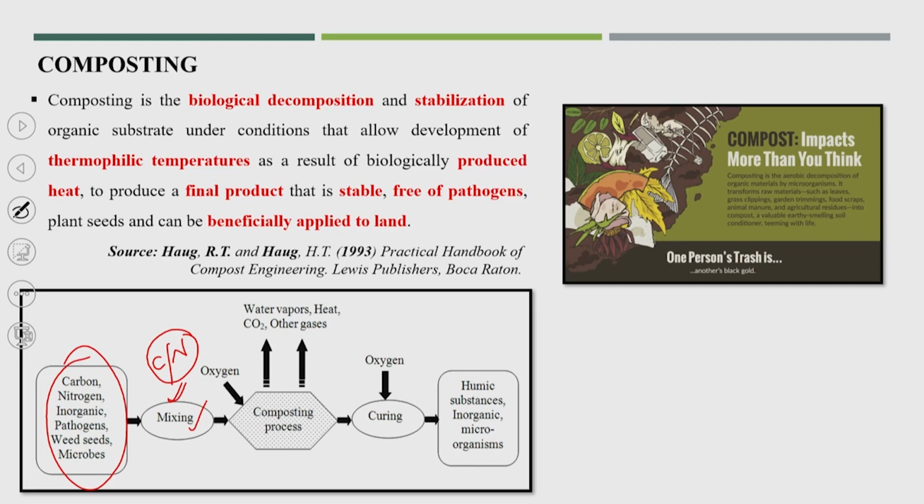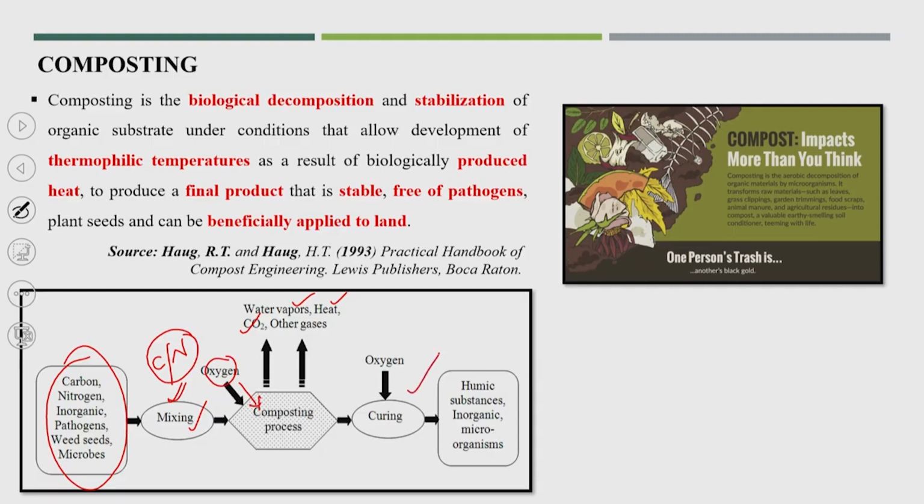To reduce the size of the organic material, a special kind of shredder will be required. This is followed by the composting process, where water vapors, heat, carbon dioxide and maybe some amount of nitrogen come out as gases, and oxygen is required for the degradation process. Finally, a curing process is also required.